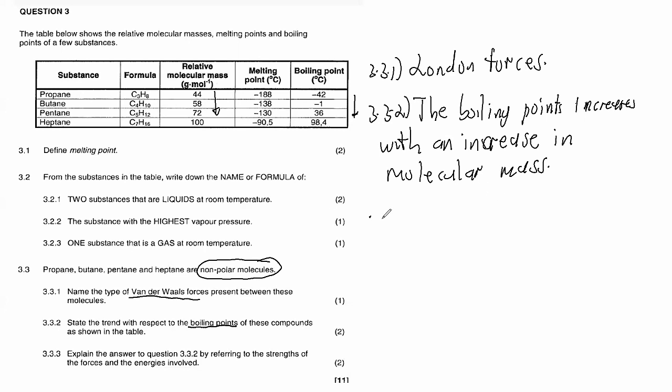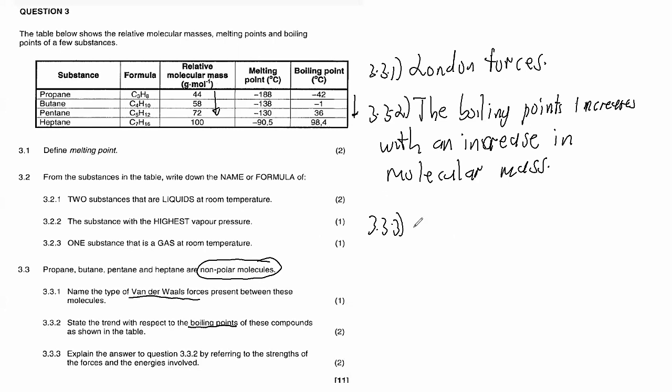Then for 3.3.3, they're saying explain the answer to question 3.3.2 by referring to the strength of the forces and the energies involved. Remember, we have now already identified that all of these are London forces, and then also the part that the boiling point increases with an increase in molecular mass.